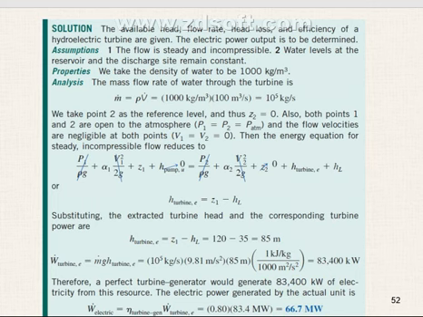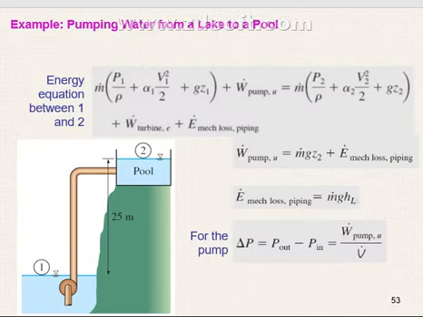We have a different case now. It's more about pumping power from a lake. We need to know what power is required. This is going to use the same equation, but we don't have a turbine here. We have a pump and we have water here in the river. We need to pump it to the pool here. We have a 25 m level difference.